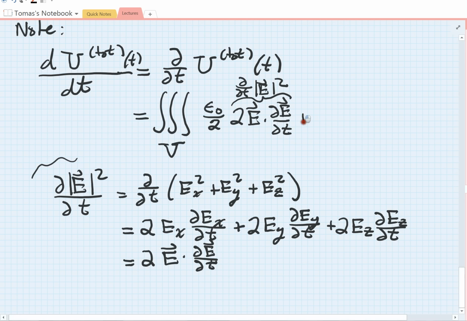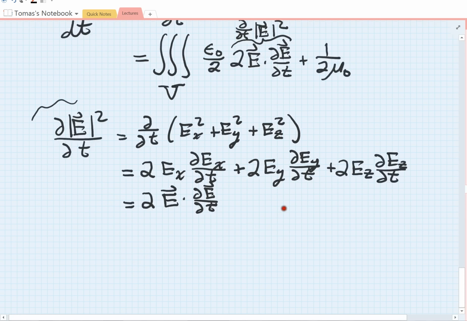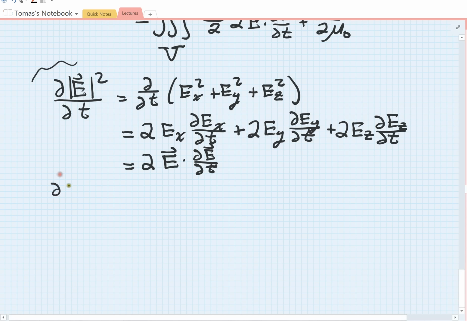So I will need 1 over 2 mu naught. And when I take the time derivative of the magnitude of B squared, you can see, of course, I'm not going to drag you through it, that you just write out exactly the same thing, except there'll be B's everywhere where there were E's. So this will be just twice the magnetic field dotted with its time derivative.